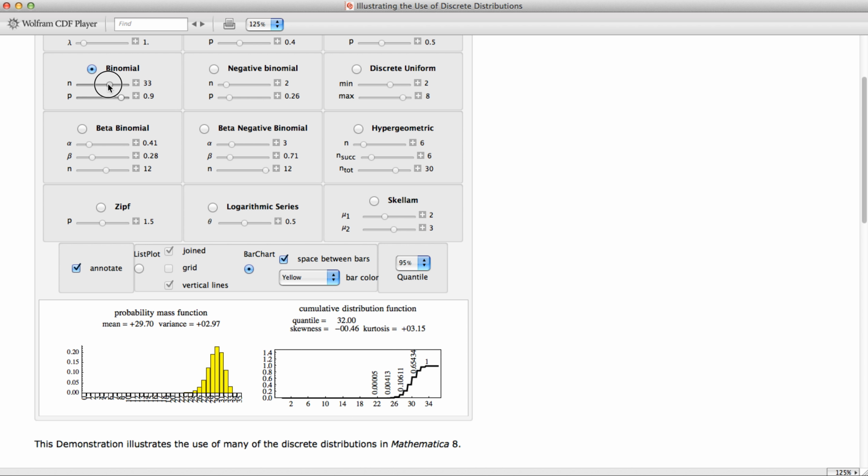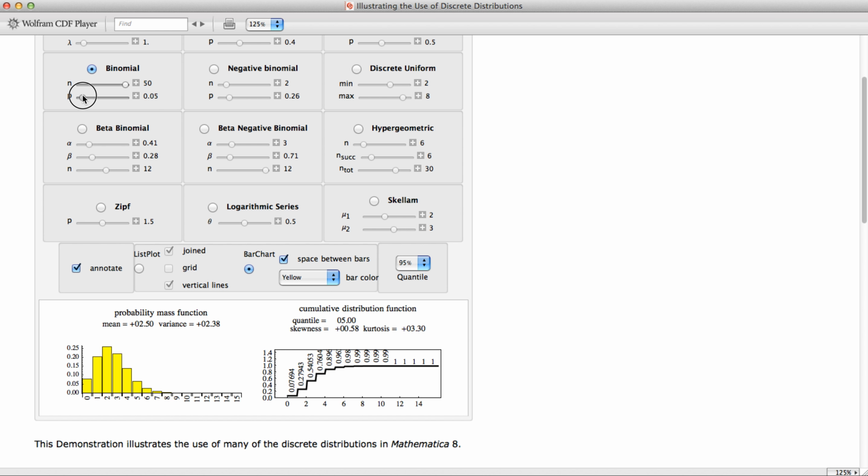Of course, there's an impact with the value of n, but actually it's more with the value of p. The mean is going to change. You have here the mean, also the variance. If you have a large n and, for example, a small p, you can see the variance.